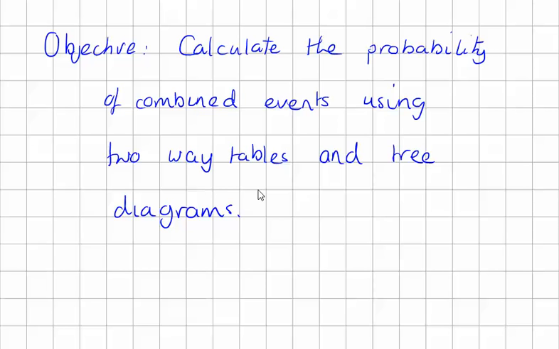But I want you to be able to calculate a probability of combined events using two-way tables and then tree diagrams as well. You don't use both to solve the same problem, you don't need to, but sometimes a two-way table is fine, sometimes you have to use a tree diagram, and you'll decide which one for which.